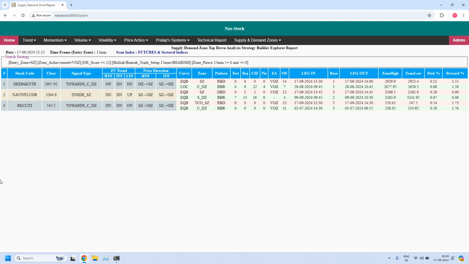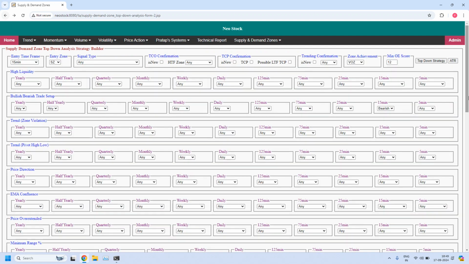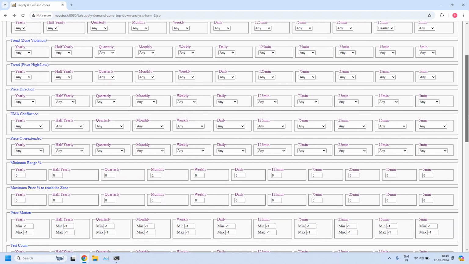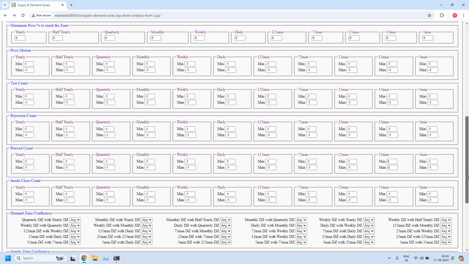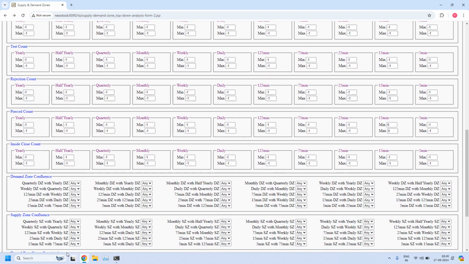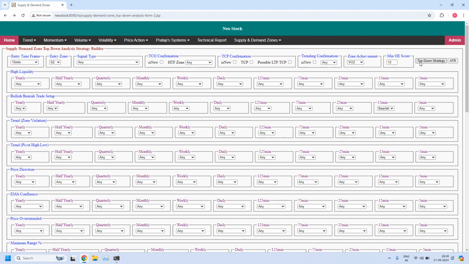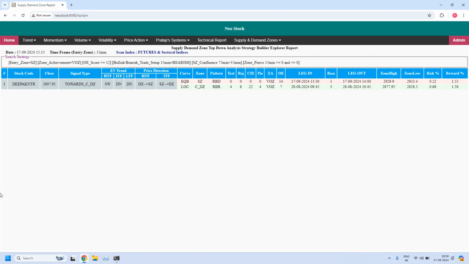Now let's verify out of these 3 how many are having ITF supply zone confluence. So 15 minute supply zone with 75 minute supply zone confluence. Let's verify. So I am enabling the filter 15 minute supply zone with 75 minute supply zone. Let's verify. Only one stock is filtered.